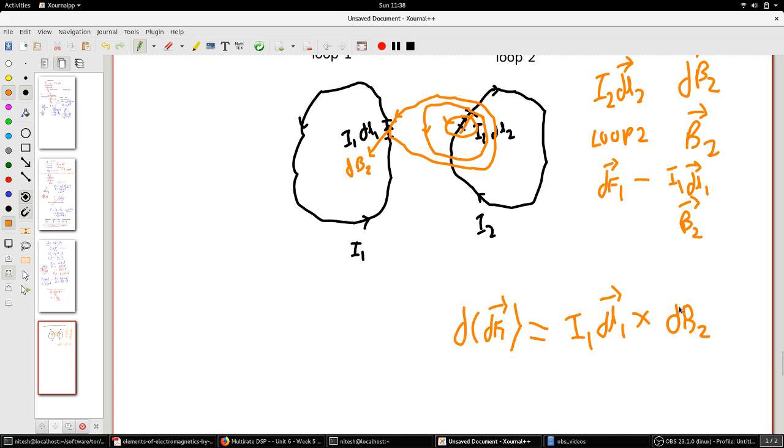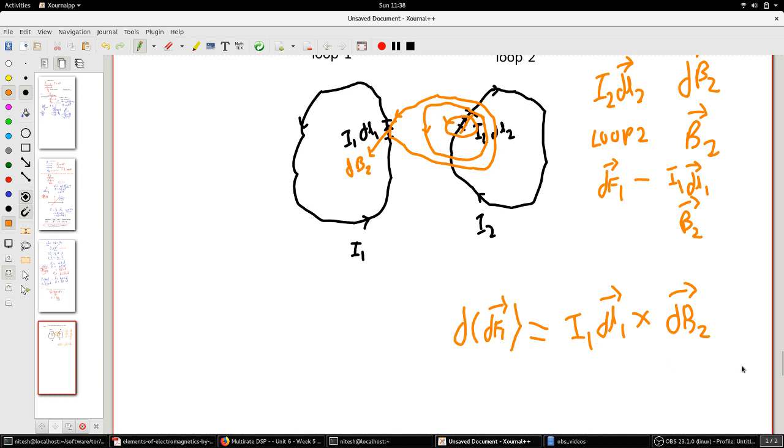Okay, clear? So what will be dF1? dF1 is the force experienced by I1 dl1 due to B2. B2 is the magnetic field generated by the complete loop.